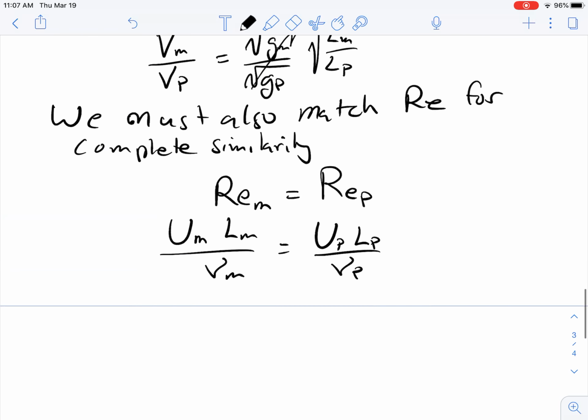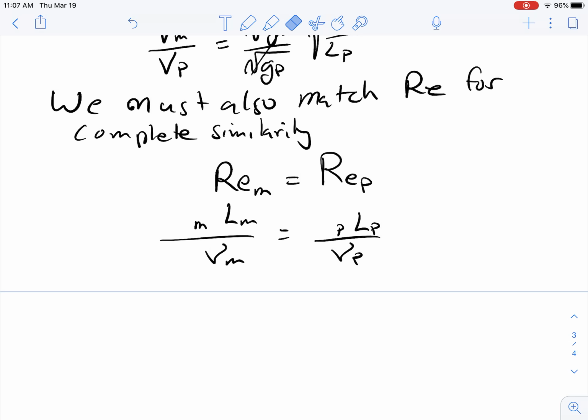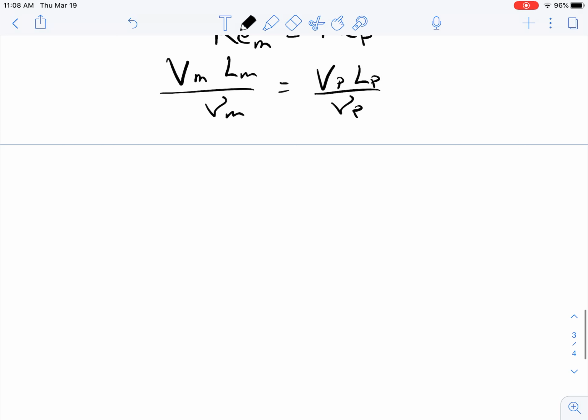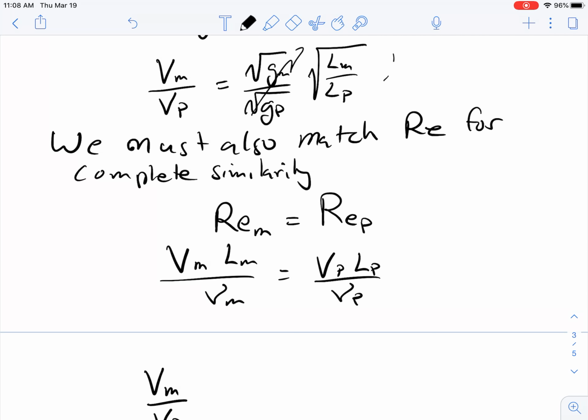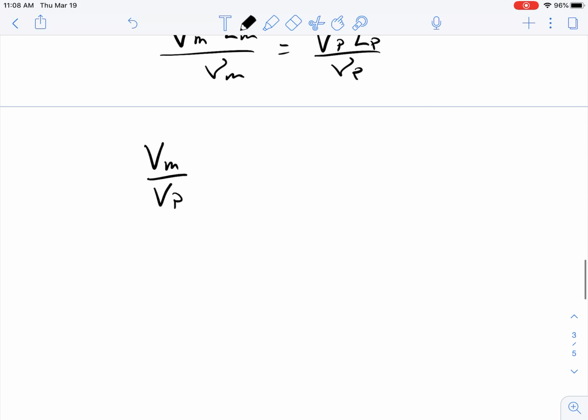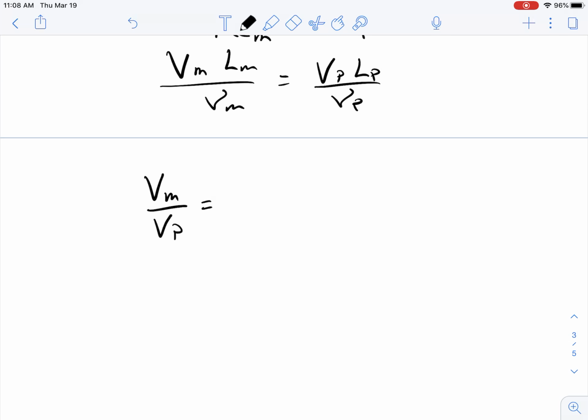For consistency's sake, let's keep those V's because they're the same thing. If we look at the ratio of the velocity of the model to the velocity of the prototype, we found it was the square root of the length scale of the model to the length scale of the prototype. What we get for the Reynolds number is the viscosity of the model divided by the viscosity of the prototype equal to the velocity ratio times the length scale of the prototype divided by the length scale of the model.